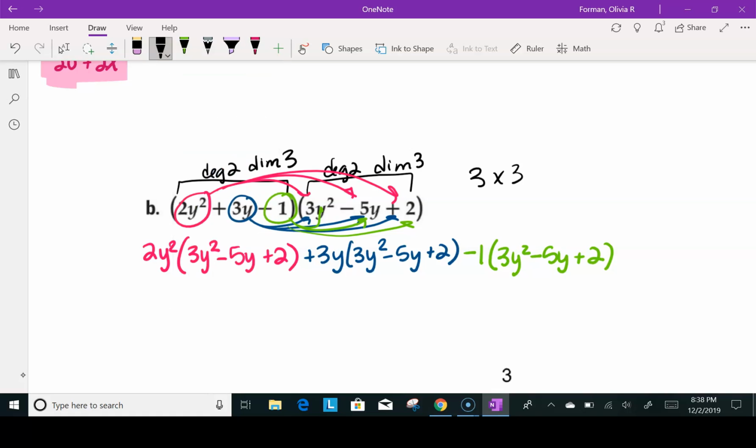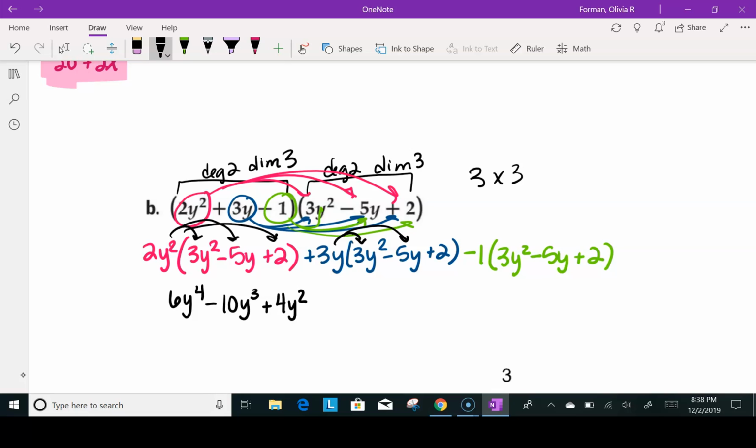Okay, so I go and I multiply these out. 2y squared times 3y squared, I'm getting 6y to the 4th. 2y squared times -5y, I would get negative 10y cubed. 2 times 2y squared is 4y squared.